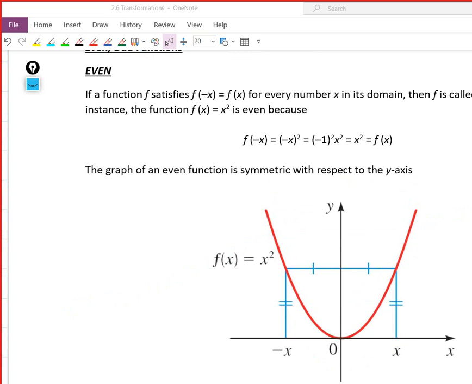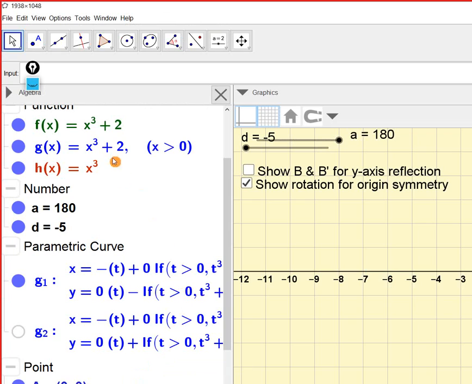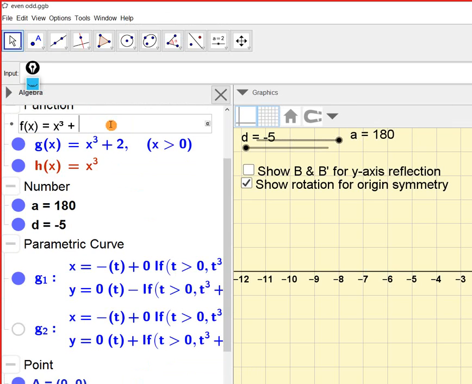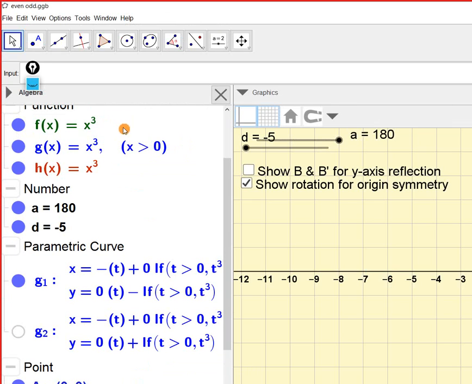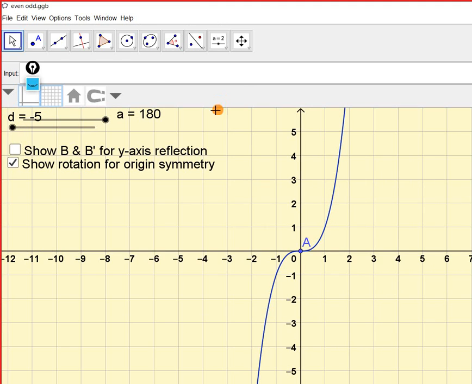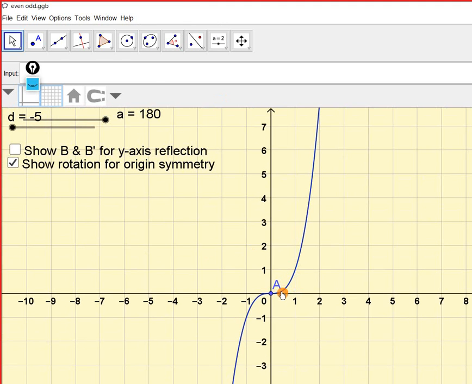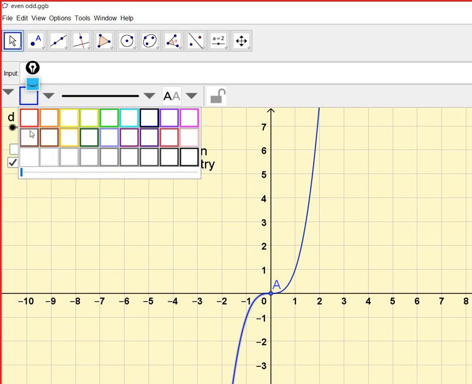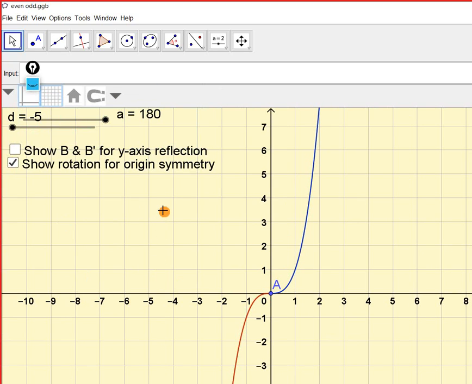If we want to take a function, I'm going to talk about this function right here, x cubed. There's a lot of points on there, and I'm just going to look at this branch right here, this right hand side. Let's see if I can actually change part of it, there we go. I'm going to look at the blue section.